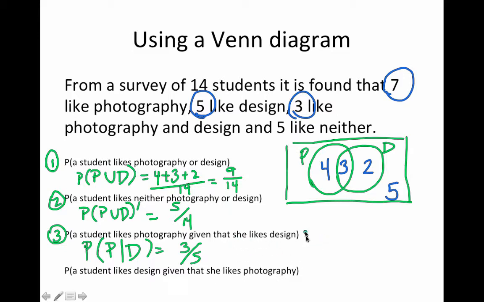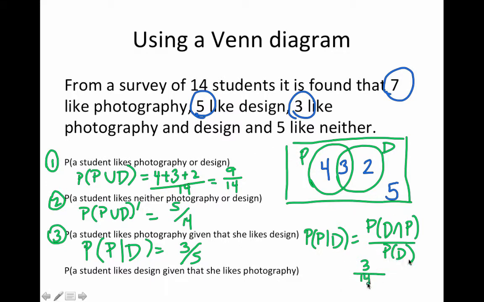Now let me show you why that works. The formula for given in this situation would be the probability of design and photography divided by the probability of design. And that's what I did right here. I just took 3 divided by 5. Now the real probability of design and photography is 3 divided by 14, right?